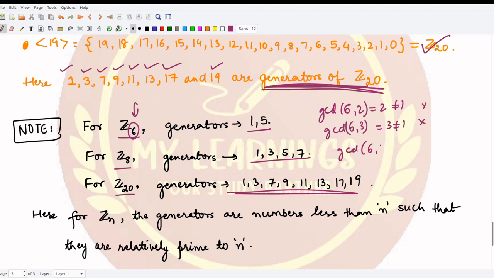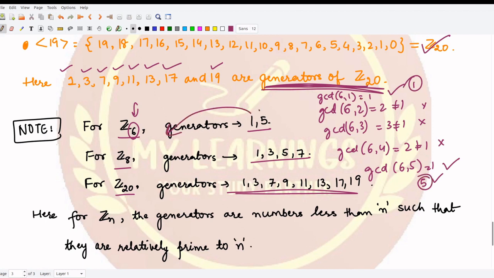GCD of 6 with 4 is how much? 2, which is also not equal to 1, so this is not a generator. GCD of 6 with 5 is equal to 1, so 5 is a generator, correct? And similarly the GCD of 6 with 1 was equal to 1, therefore 1 is a generator, 5 is a generator. Hence both 1 and 5 are relatively prime to 6, hence both of them are generators.